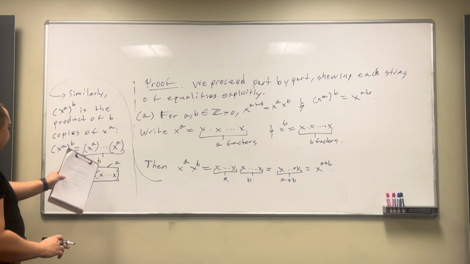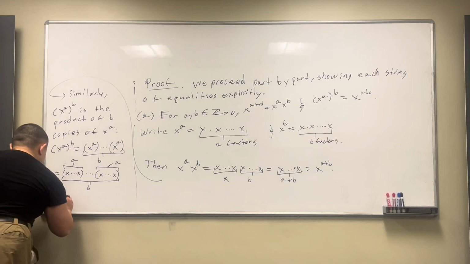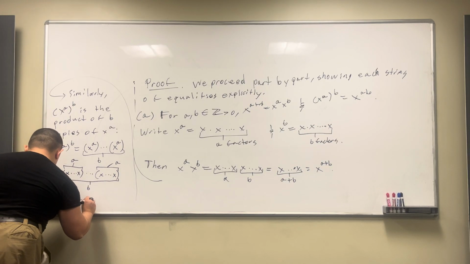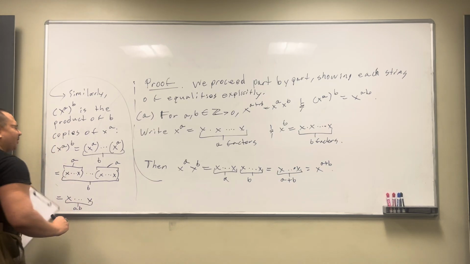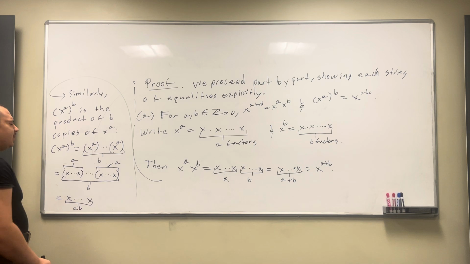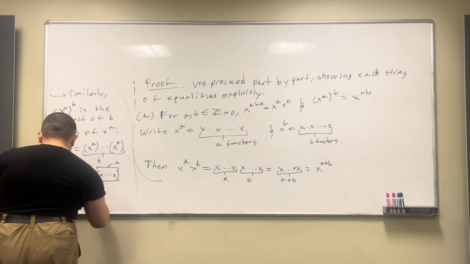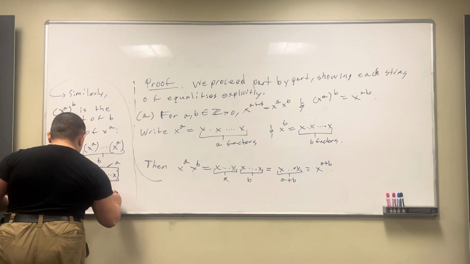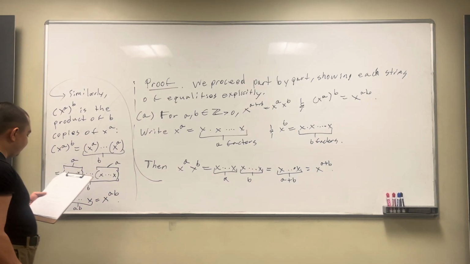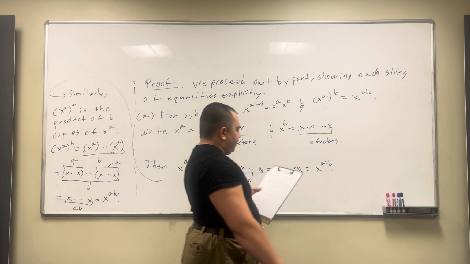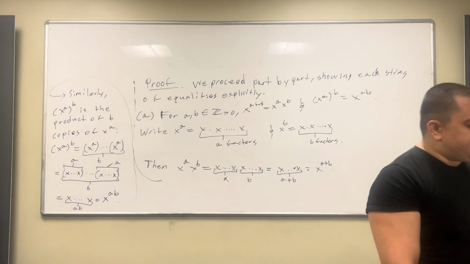This is still what we had up there, which is equal to x times itself a times b, the order of a times b many times, which is equal to x to the ab. So that holds in this group.